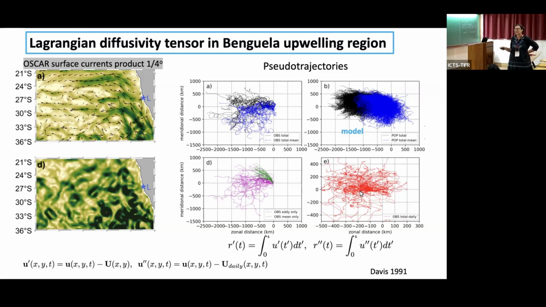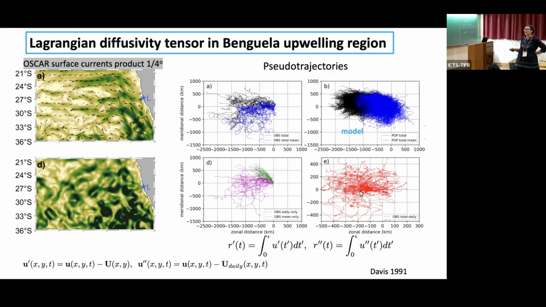We're using the OSCAR surface current product, which is mainly a satellite-derived product. It also has an Ekman velocity in there. What you see here is a mean velocity derived from this product in the region, and here a snapshot of the velocities, showing you the eddy activity.